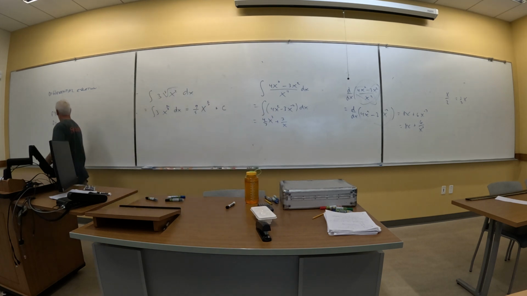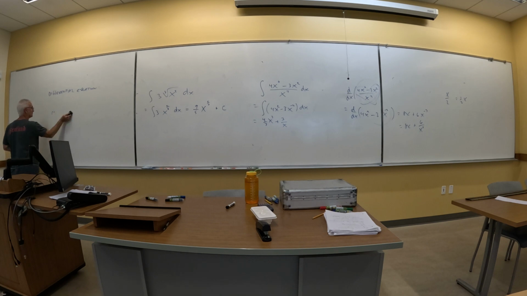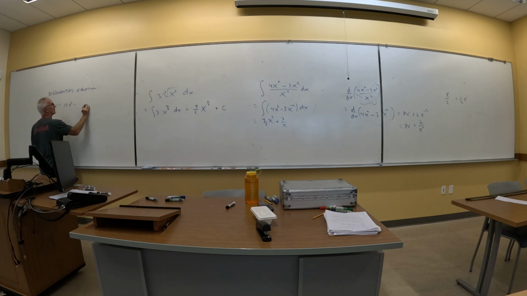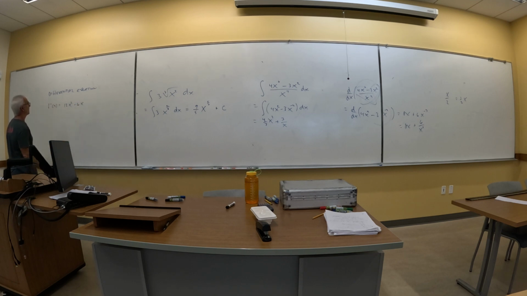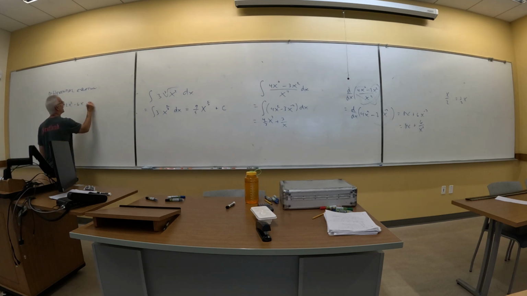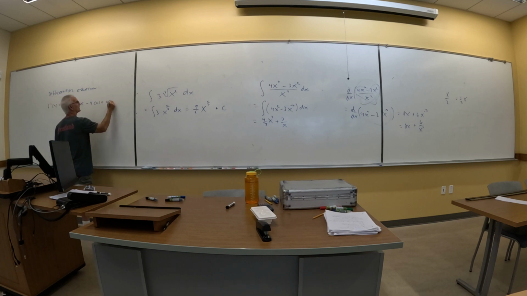So here's the differential equation. I'm going to tell you that the second derivative of a function is 12x squared minus 6x minus 4 times the cosine of x plus 3e to the x.